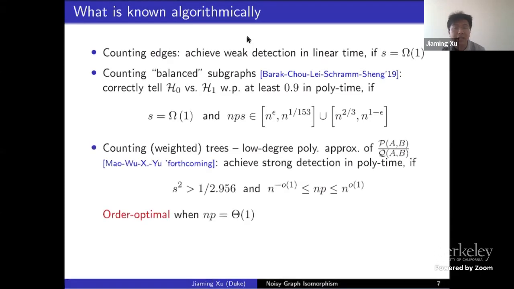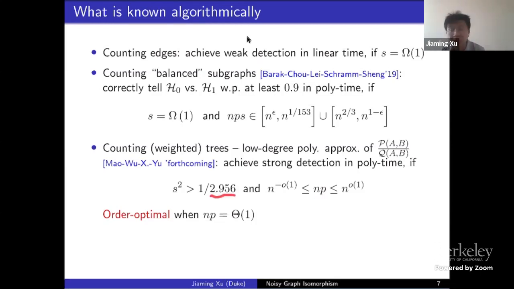More recently, in a companion work, we obtained some new results in the sparse regime based on counting certain weighted trees of growing sizes. This is inspired by the low degree polynomial approximation of the likelihood ratio. In particular, we are able to show that by counting the weighted trees, we can achieve strong detection in polynomial time when, again, S squared is bigger than this constant, and also when the average degree is in this range.